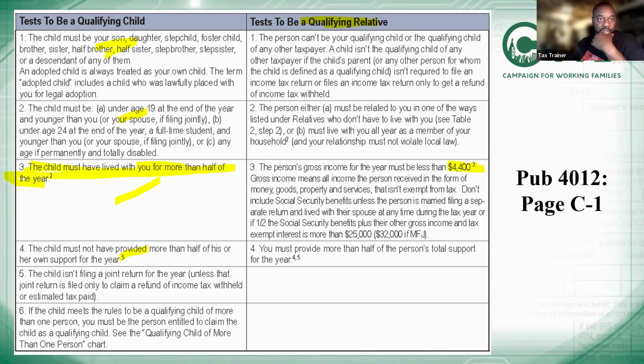So let's go. The next question was, Linda is not eligible to claim Nancy for earned income credit because her filing status is married filing separately. Now, is that true? We kind of walked through that. Can Nancy not get EIC because her filing status is married filing separately? Is that true or false?